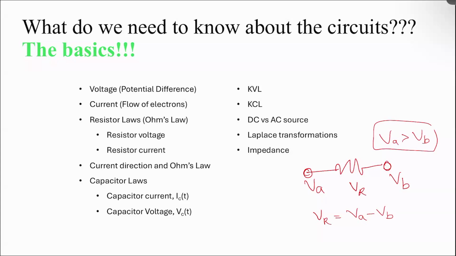Correct. And how does the current flow here? It's going to flow from a higher potential to a lower potential, right? And this is our current flowing in this resistor, IR.